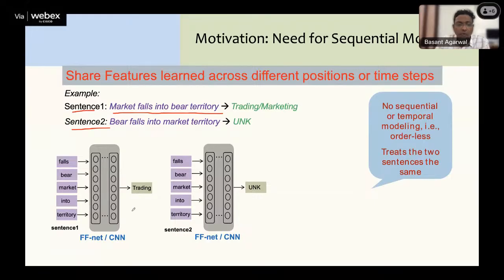For standard neural networks or convolutional neural networks, both will work the same. There is no difference, because feed forward and convolutional neural networks do not see the order or the sequence of the inputs. They will just take both sentences as the same, which is not good. The order of the words in a sentence is very important when we process it for different applications.